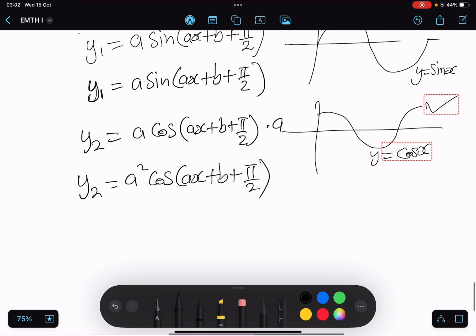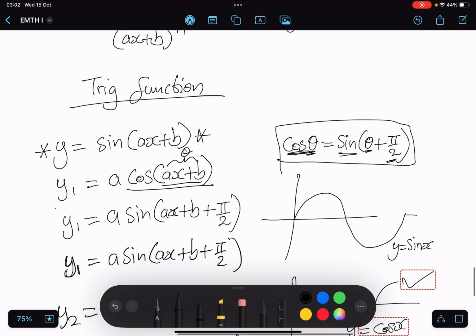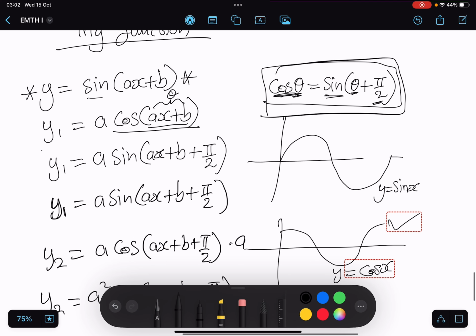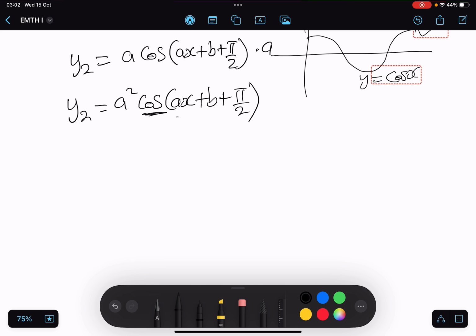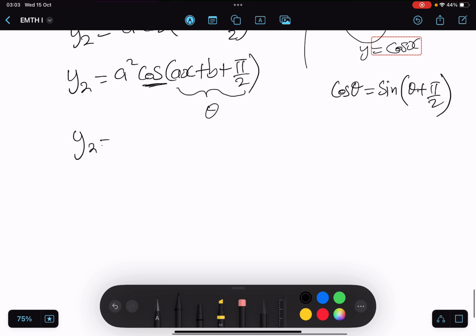And then if you're looking at this one again, you can see we have cos, but we don't want cos, we want sine, because initially we were working with sine. So we use the same identity, because remember cos theta is equal to sine theta plus pi over 2. So now y2 is equal to a squared sine, where my theta here is ax plus b plus pi over 2, plus this pi over 2.